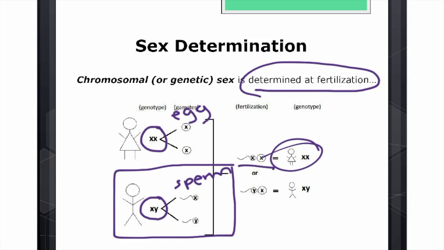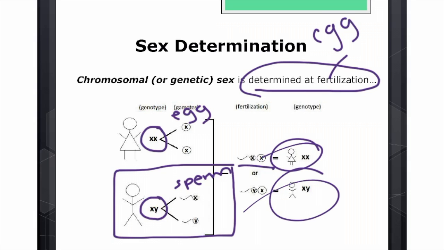In this situation, I have a sperm that is a Y and an egg which is an X, which genetically will produce a male, because they have an X and a Y. Please remember that it's determined at fertilization. Fertilization is actually in topic 3, but that's where your egg and your sperm unite.